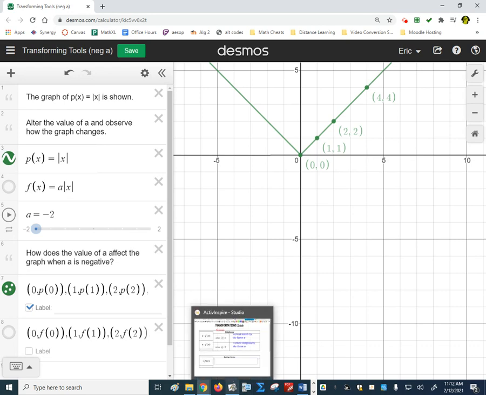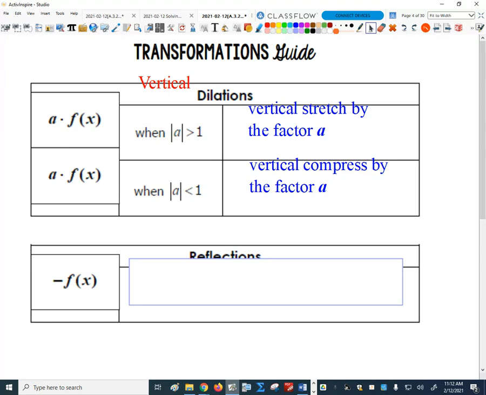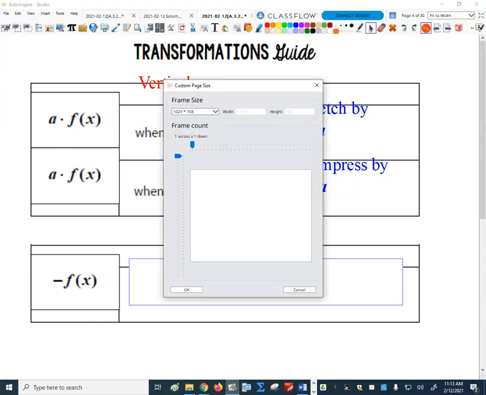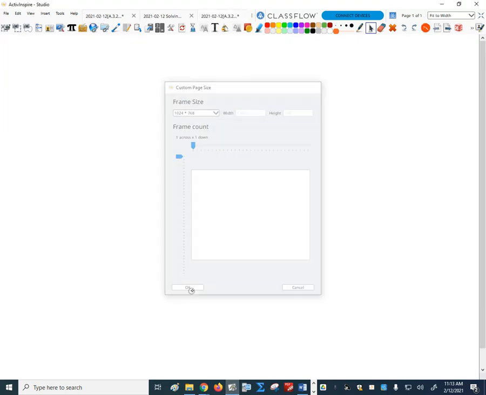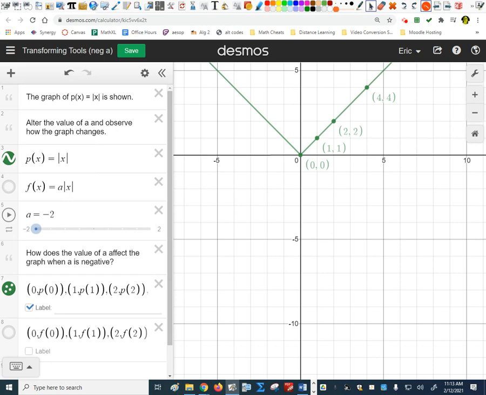Oh, that's not what I wanted. I want that. There we go. Okay, what's going to happen to that height? Normally when I go over 4, look at that.